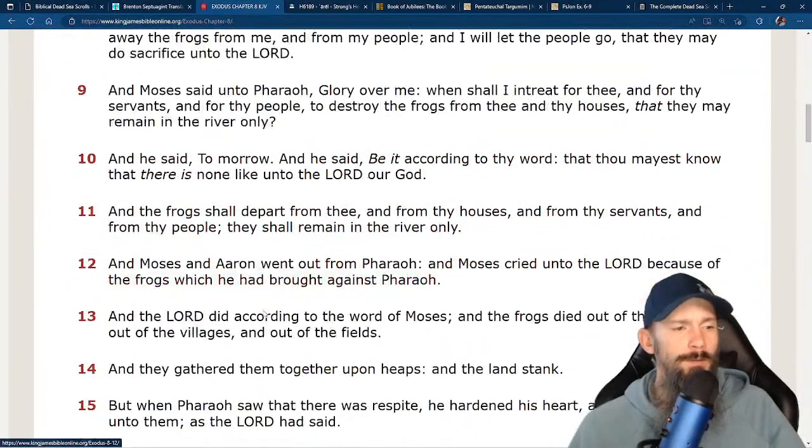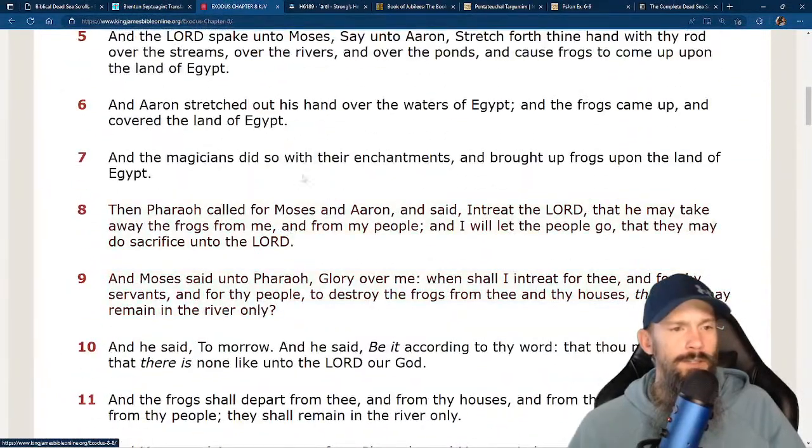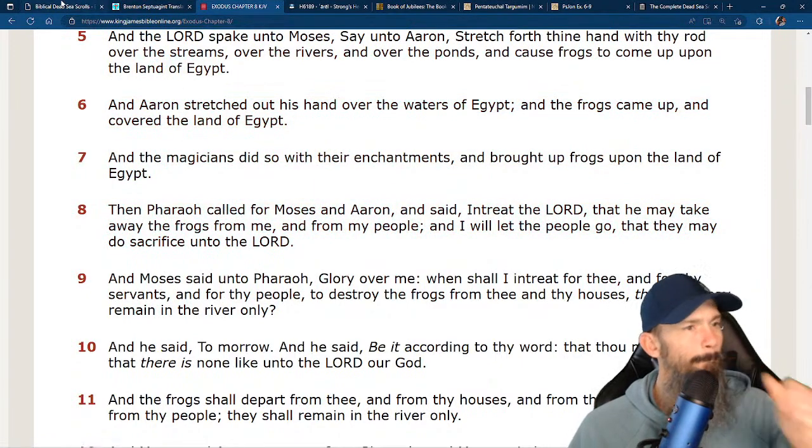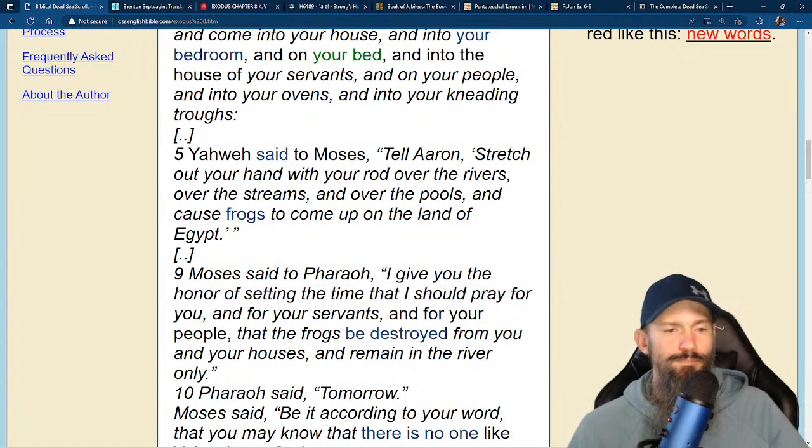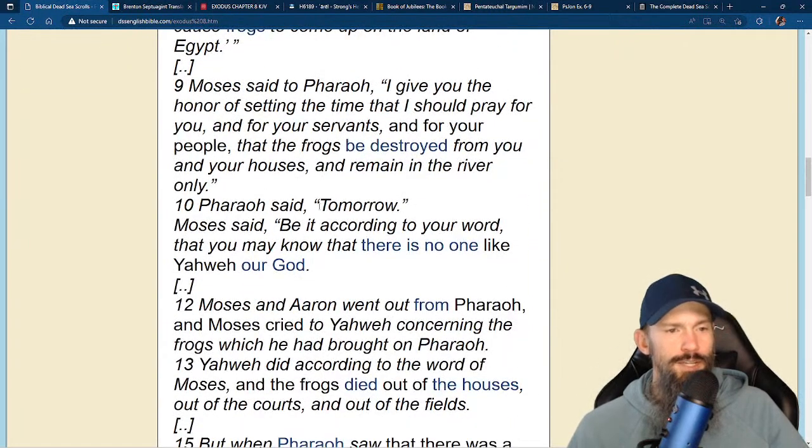Chapter 8. Moses said to Pharaoh, glory over me when I shall entreat for thee and for thy servants, for thy people, to destroy the frogs, that they may remain in the river only. Pharaoh said, "Tomorrow."